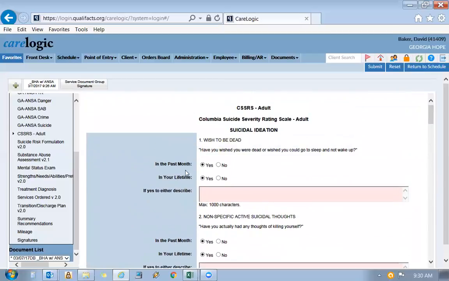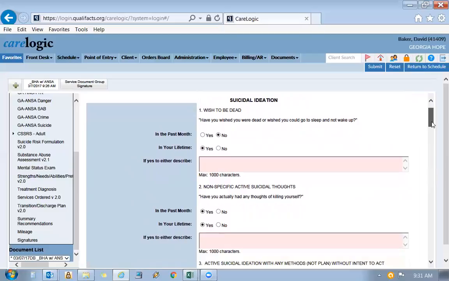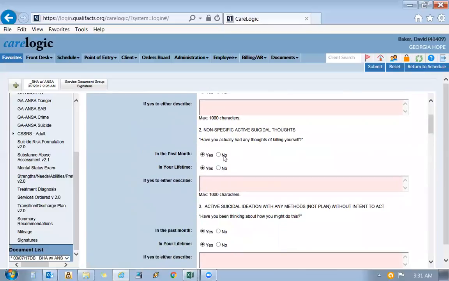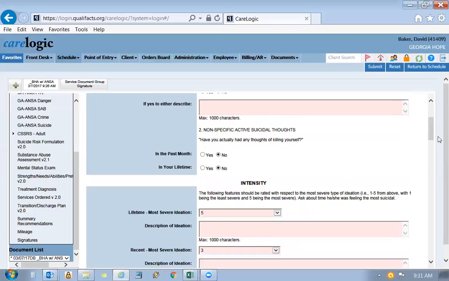Let's say for these first 2 questions you answer in the past month no, and for in your lifetime for question number 1 you answer yes, and then for both in the past month and in your lifetime under non-specific suicidal ideation you answer no to both.